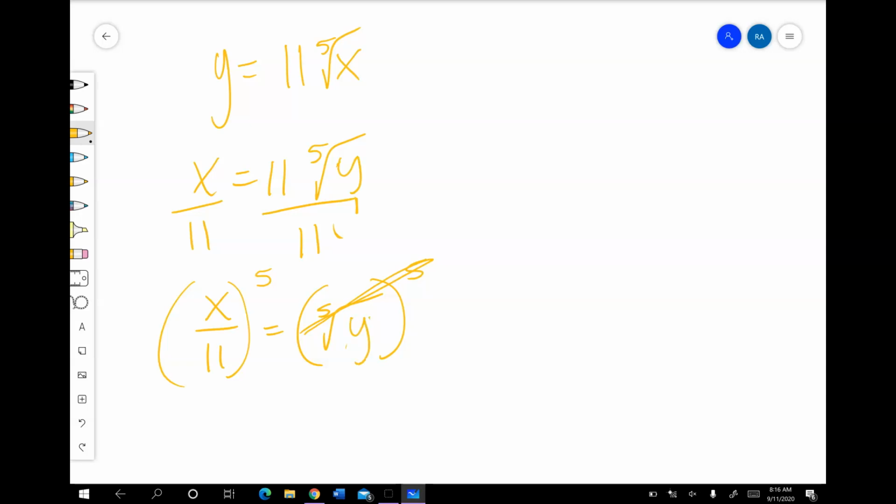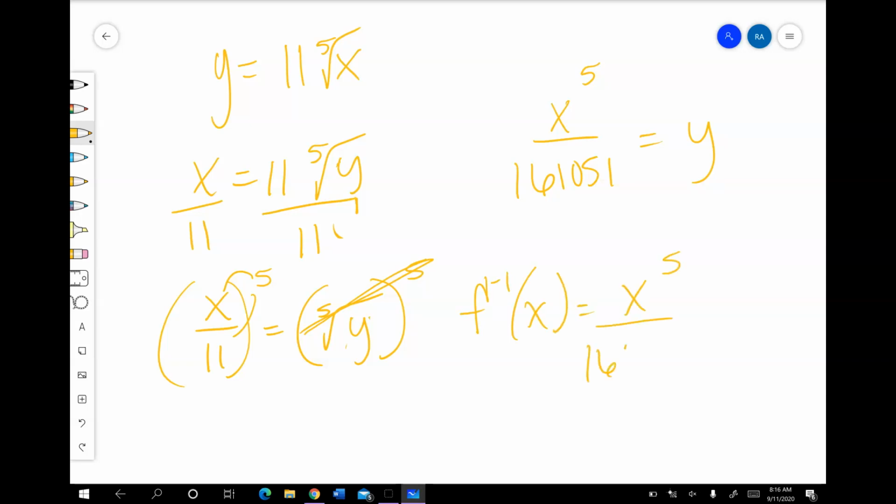Happens to the best of us. All right, so distribute this exponent of 5. So x to the 5th over 11 to the 5th, I definitely have to use my calculator, is a really big number. And that equals y, which is f inverse of x equals x to the 5th over 11 to the 5th.